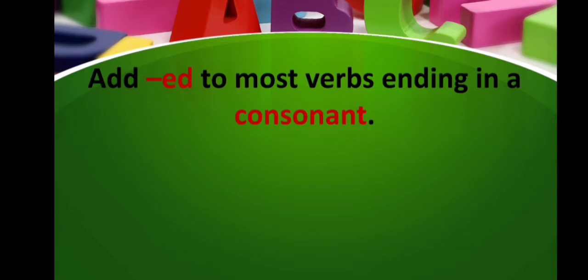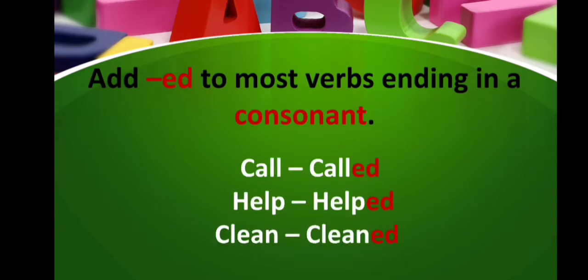Some examples are call, which becomes called when used as a past form of the verb. Help changes to helped, clean changes to cleaned. These three words end with the consonants L, P, N. That's why we have added ed at the end of the words.